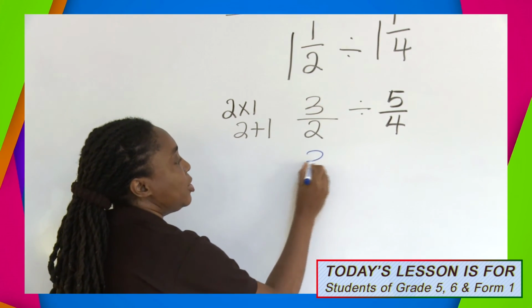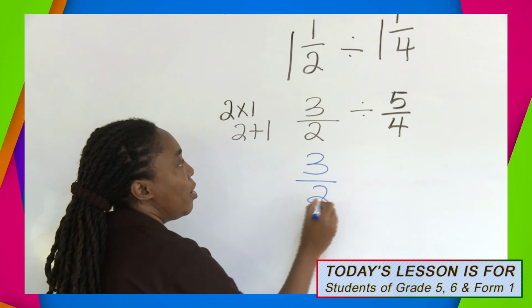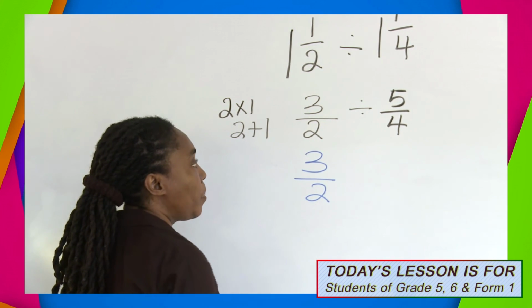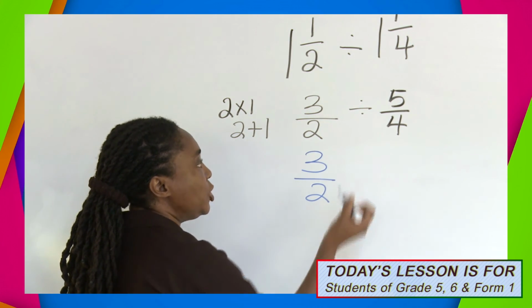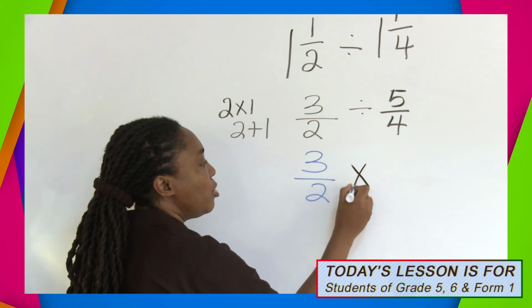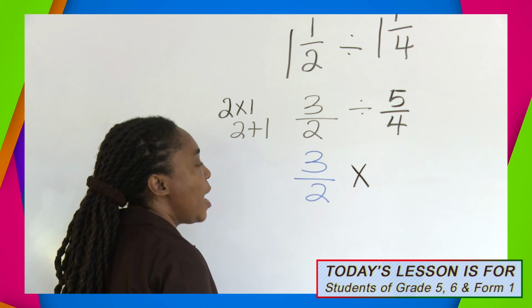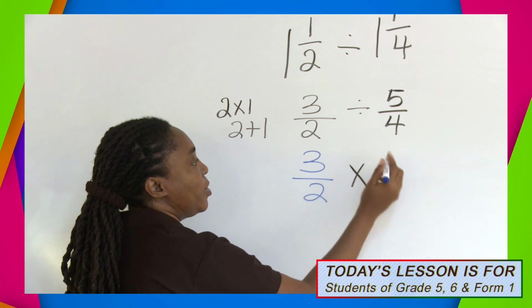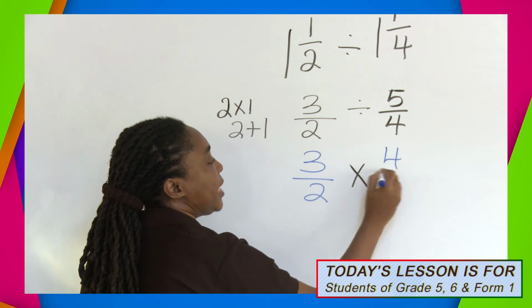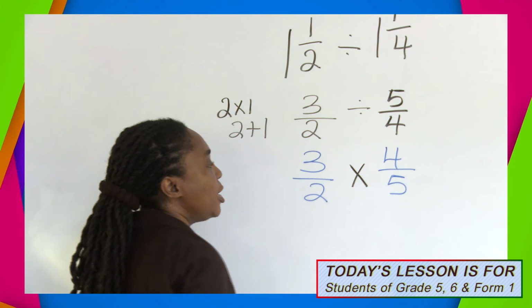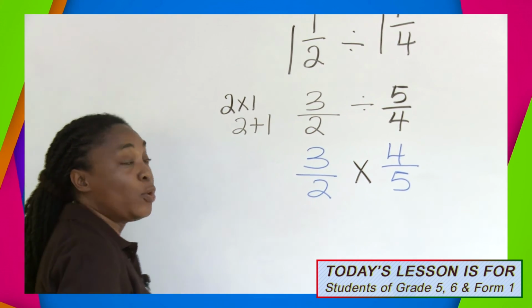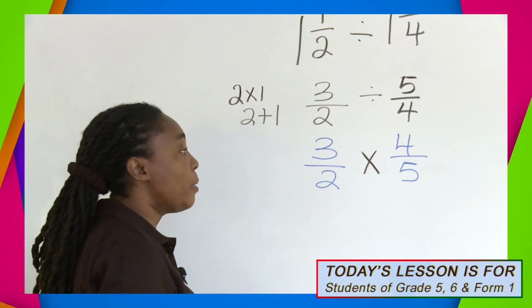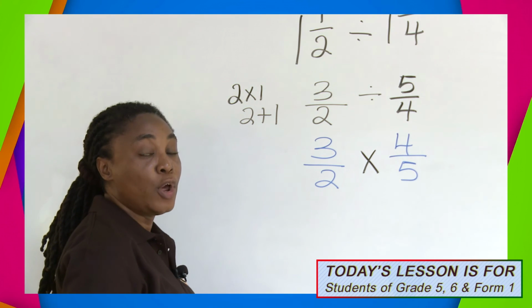We were told that we need to keep our first fraction. We need to change the division sign to a multiplication sign, and then we will flip our second fraction. So the equation is now 3 over 2 multiplied by 4 over 5.